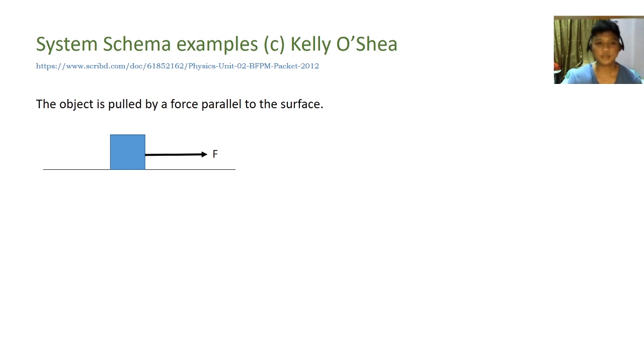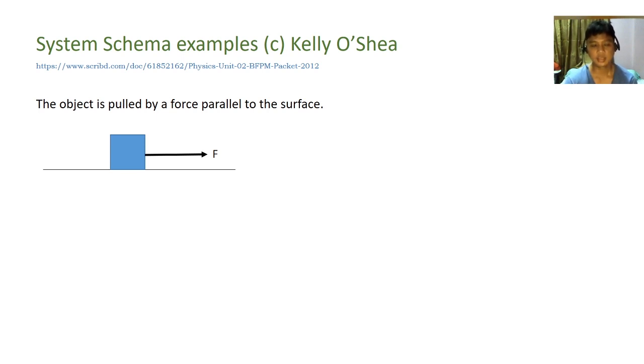Let's look at another example. The object is pulled by a force parallel to the surface. Now, something is obviously pulling on the box. Maybe it's a person, so we might include that as one of our main objects. Of course, our box is also one of the main objects. The floor is one of the main objects, and the earth is an object that will never go away if we are dealing with objects that are on earth.